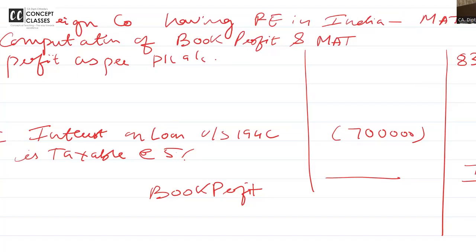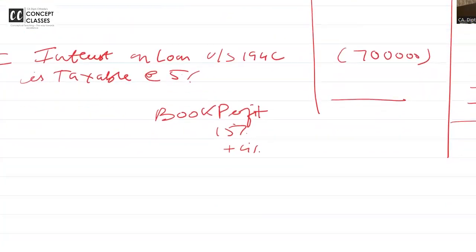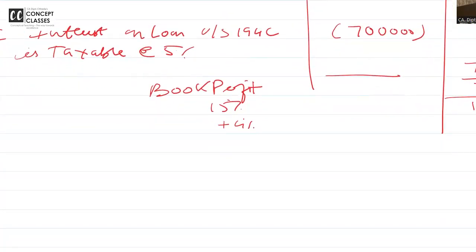76 lakhs into 15%. 11,40,000, plus 4% HEC. So what is the MAT payable?